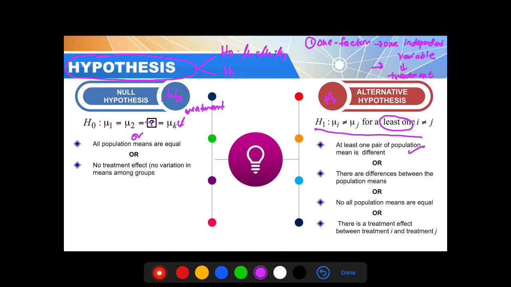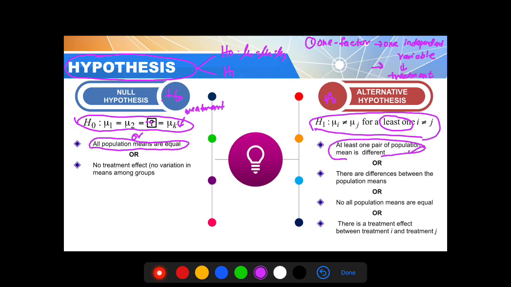So you can choose whether to write your hypothesis like this, or like this, both are acceptable. Your H null and H1 do not change. This will be your H null and H1 in ANOVA. But how many mu do you want? Let's say you have 3 treatments, k equals 3.